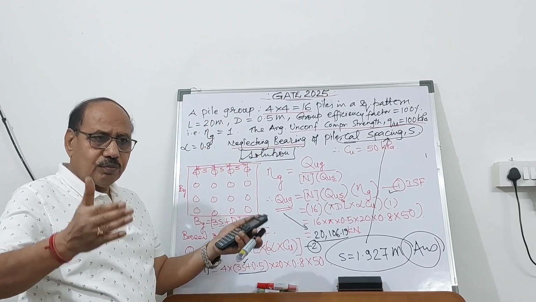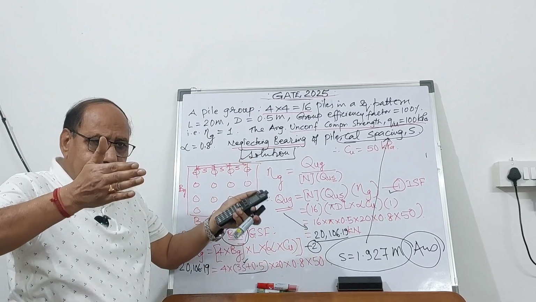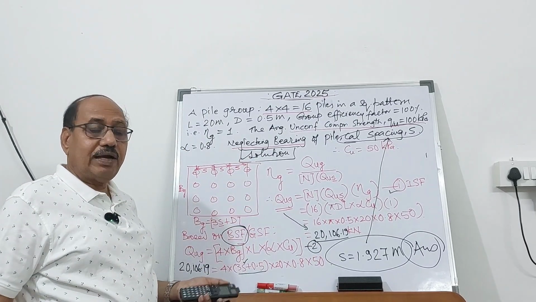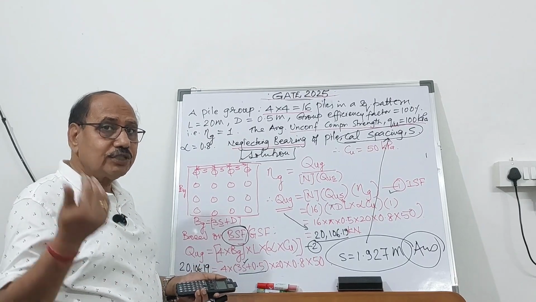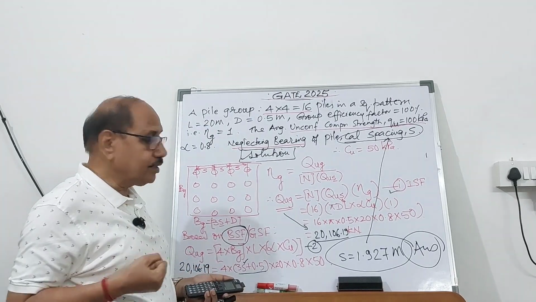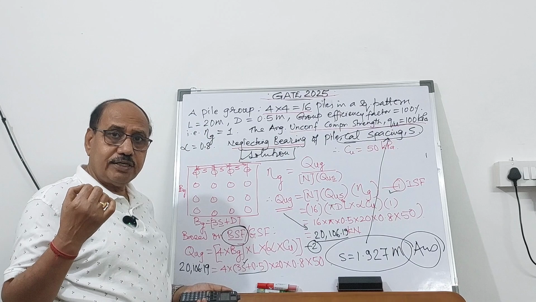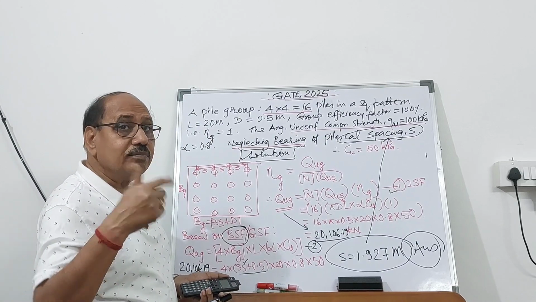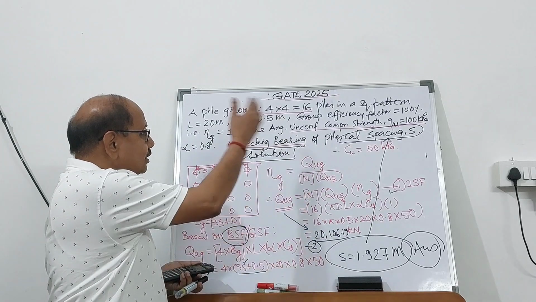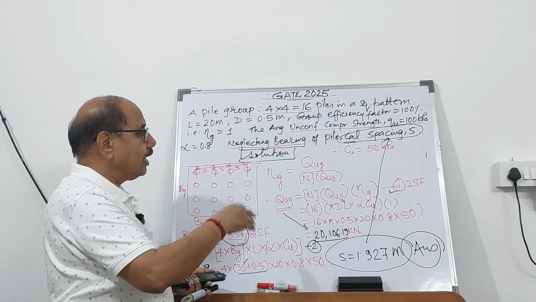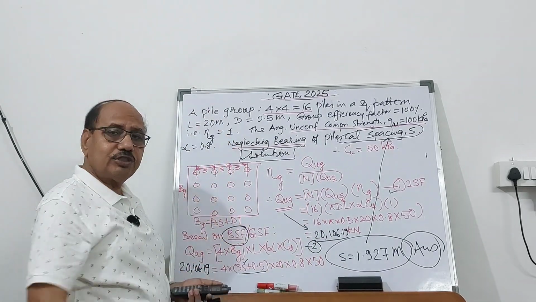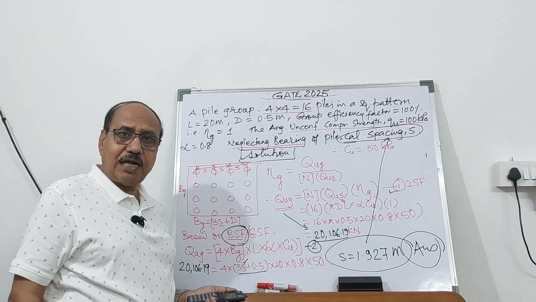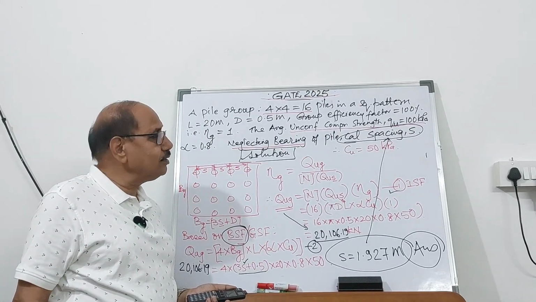How in pile groups the skin friction will get developed on the periphery when it is failing under block shear failure as one unit, one monolithic unit. If it is individual shear failure, the piles will fail one by one. So these things have been explained. And very intelligently, the question has been set in the GATE examination on pile foundation.